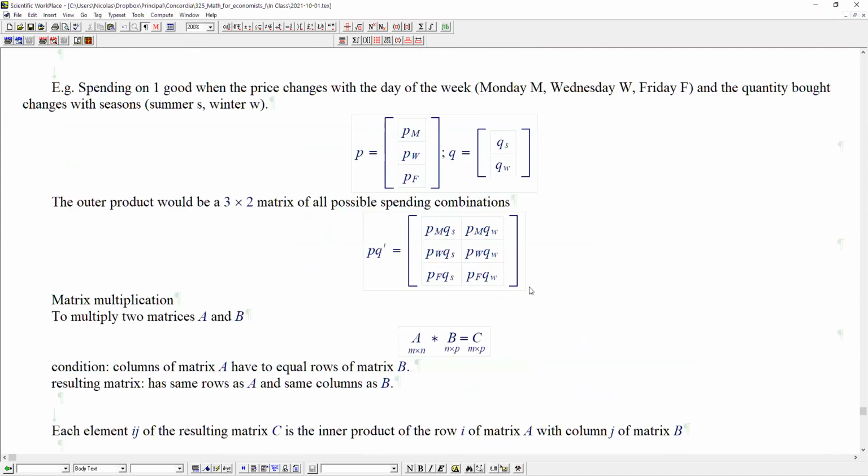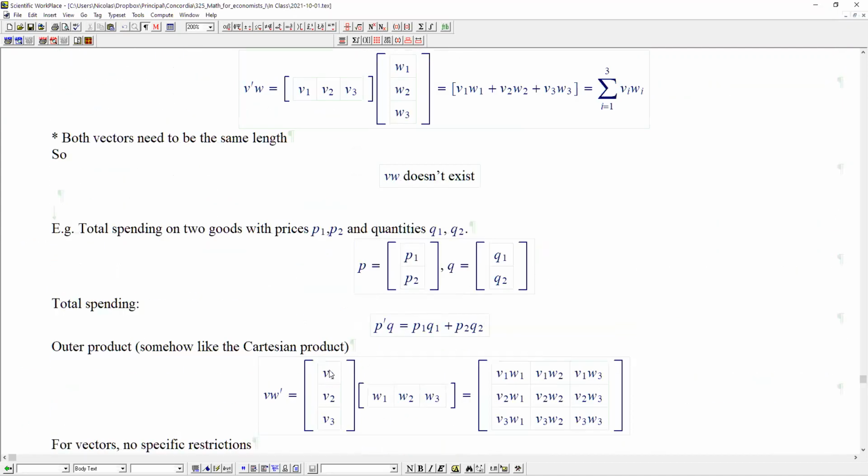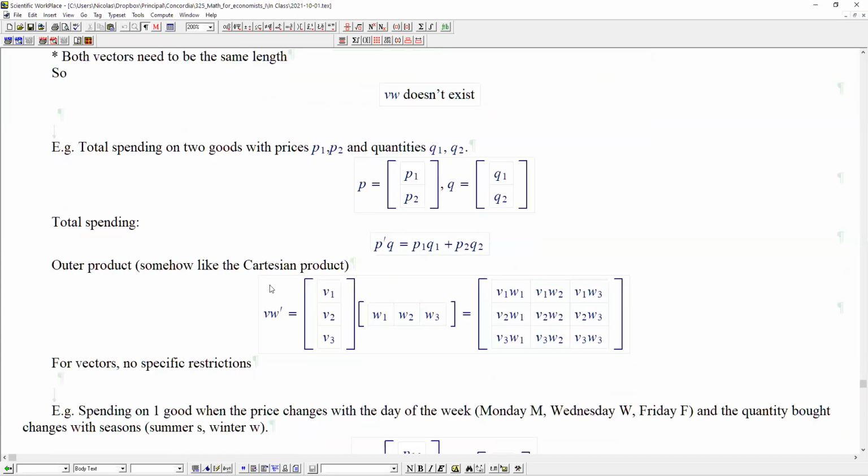This looks like the Cartesian product, because in the Cartesian product we pair each element of the first set with each element of the second set. So this is sort of what we're doing, but then we're multiplying them. So V1 W1, V1 W2, V1 W3, V2 W1, V2 W2, V2 W3, V3 W1, V3 W2, V3 W3. That's why I wrote it somehow like the Cartesian product.